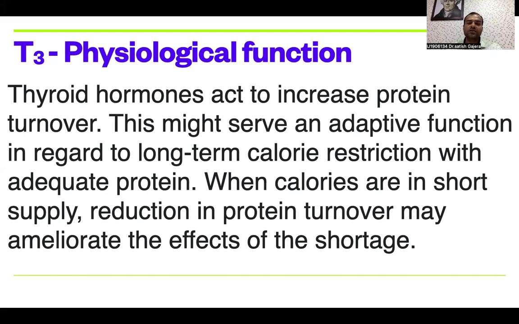So whenever calories, ATP or energy are in short supply, while we are going into a fast, our T3 is produced at a lower level, because the body has a lack of calories and energy.